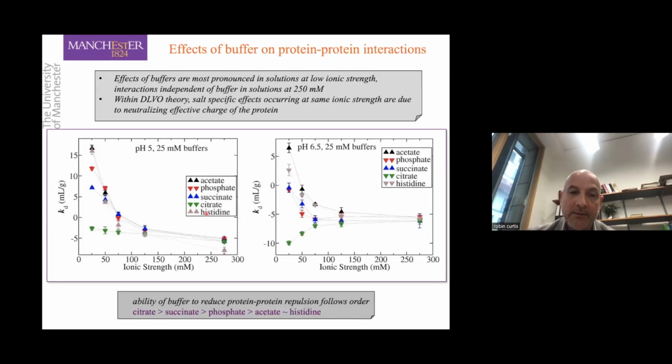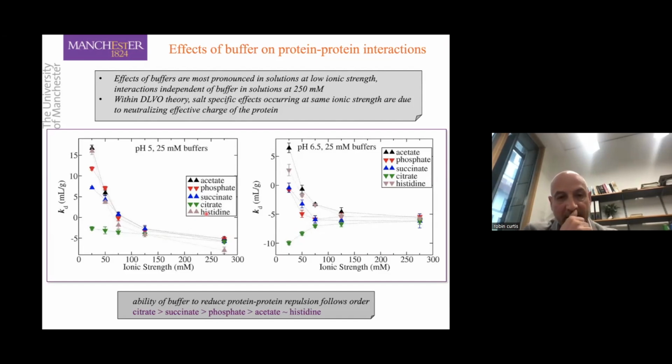And then we also use this kind of model to understand effects of buffers. I was working in a formulation development group where they need to choose between different buffers. One thing is that you want to avoid aggregation, and aggregation in part relates to the colloidal stability.